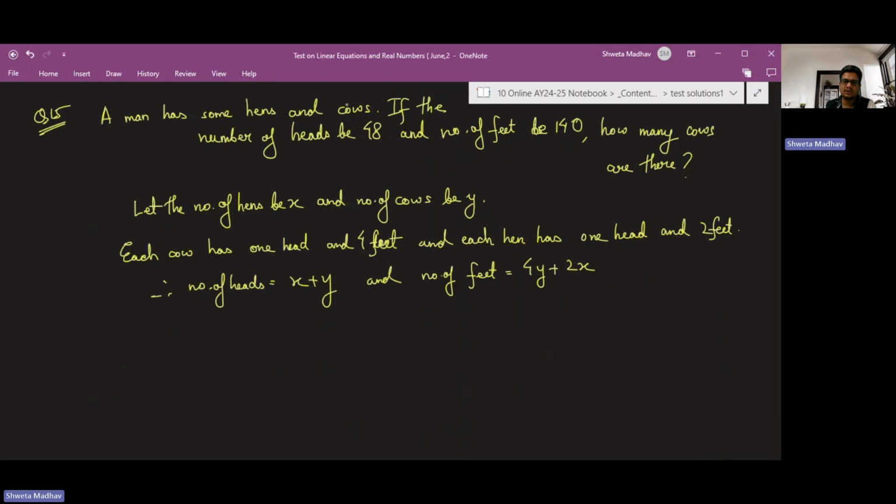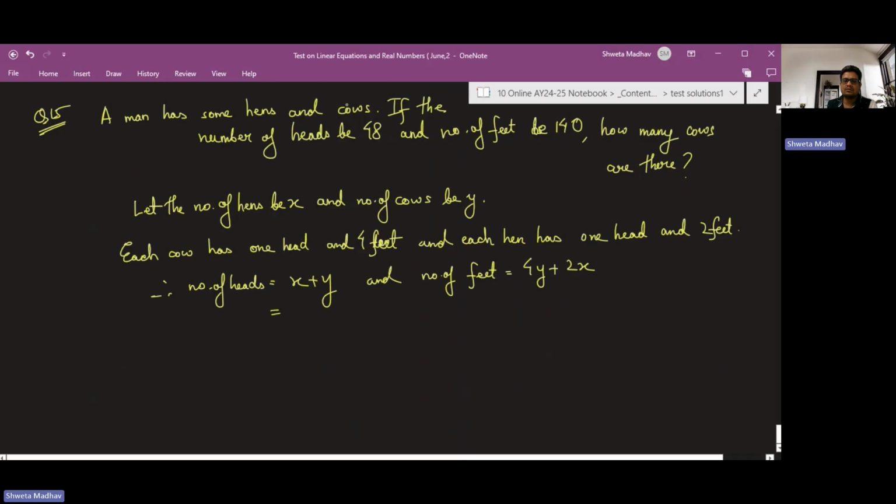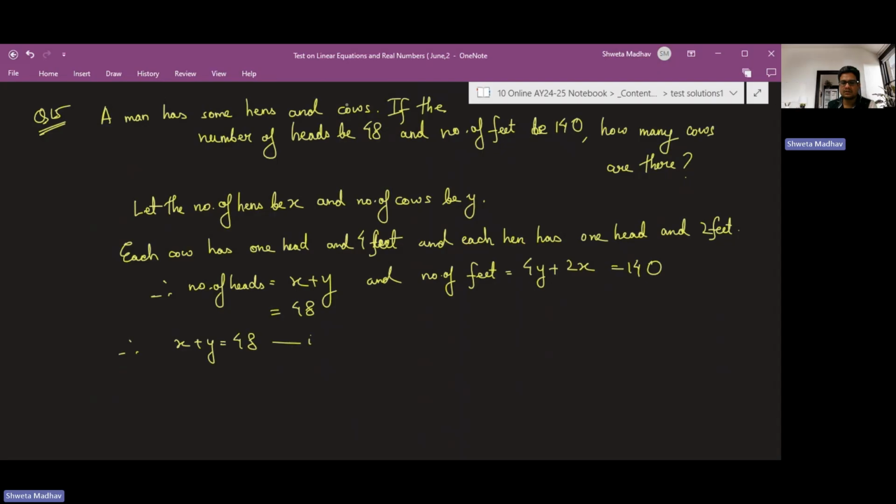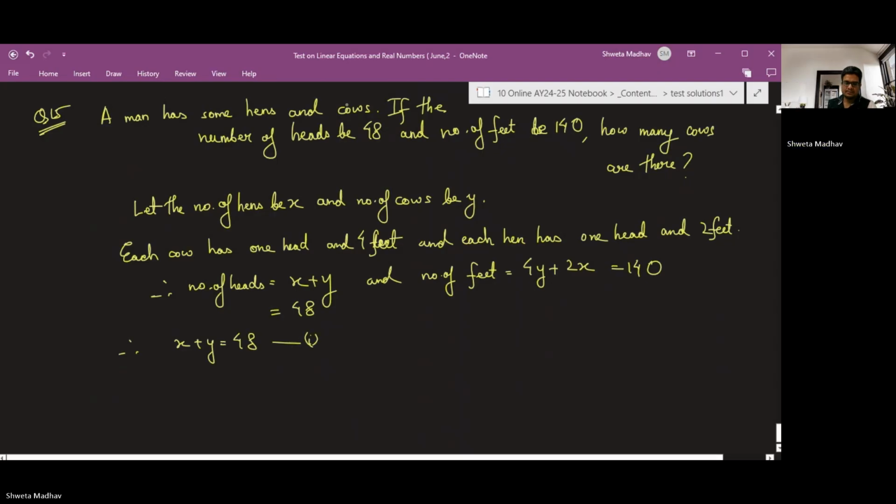All cows will have 4y feet and all hens will have 2x feet. The total number of heads is 48 and the total number of feet is 140. So the equations are x plus y equal to 48, which is equation 1, and 2x plus 4y equal to 140. This is equation 2.